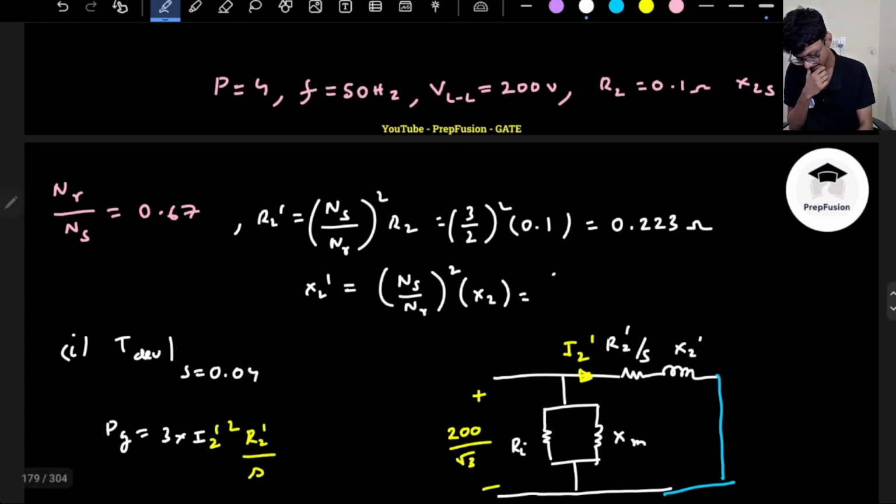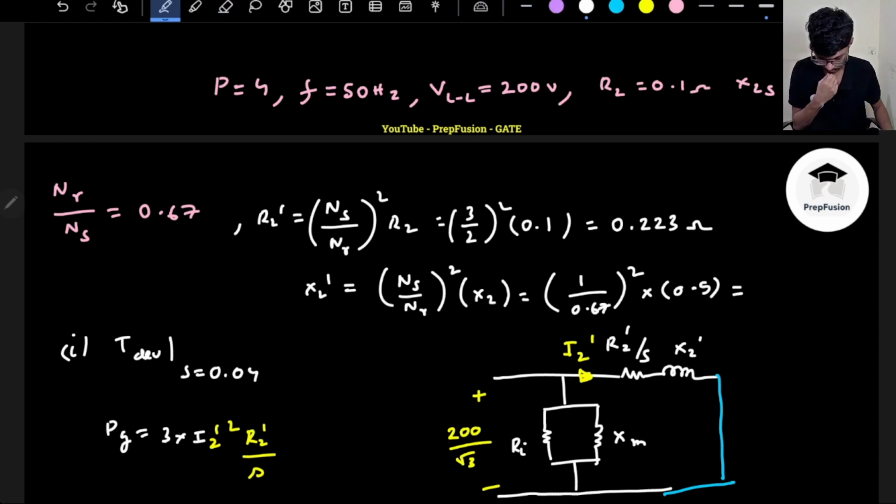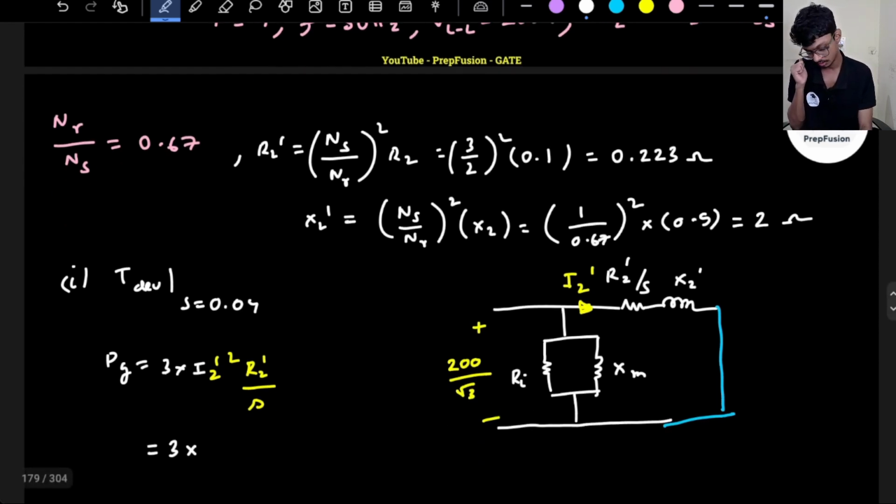So again it is the same: 1 divided by 0.67 whole square into 0.9. So 0.67 inverse whole square into 0.9. So this is roughly almost 2 ohms. Okay, so this is my X2 dash and R2 dash. Okay, so I will put it over here.